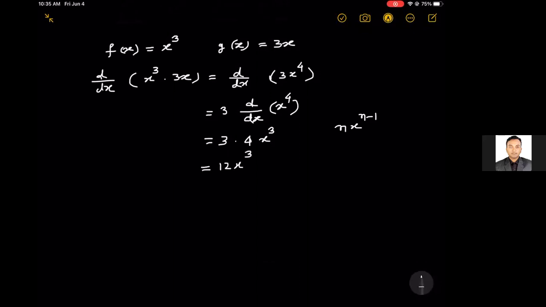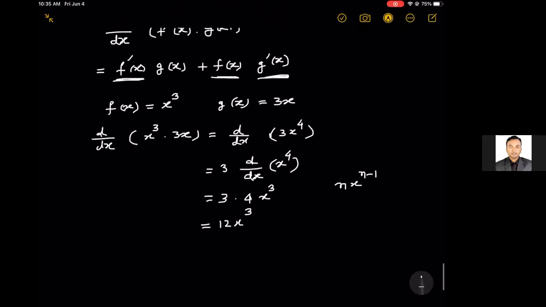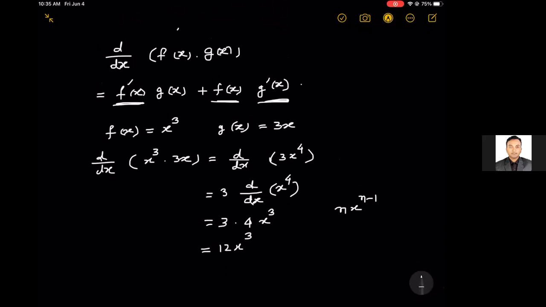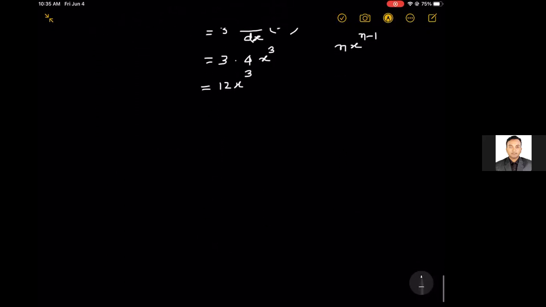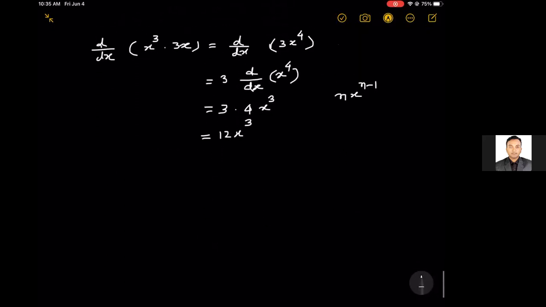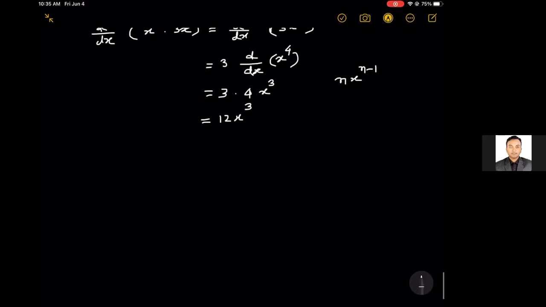I'm just showing that this formula holds, okay? Because we'll be using this for more complicated problems. So that's the left-hand side.